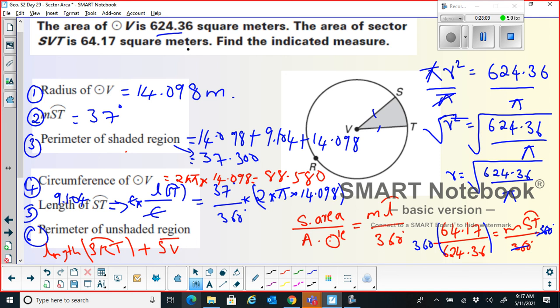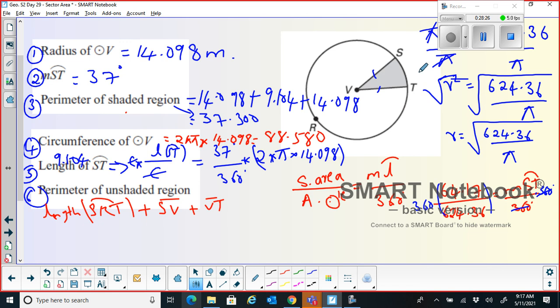Segment SV plus VT. Length of arc SRT is nothing but circumference minus length of ST. You already found circumference as 88.580 because this whole thing will give us circumference of the circle.